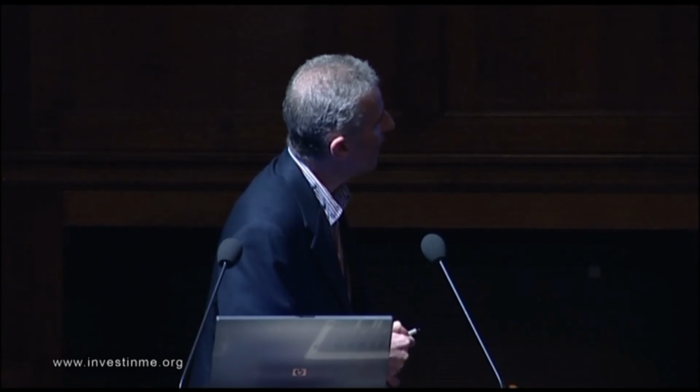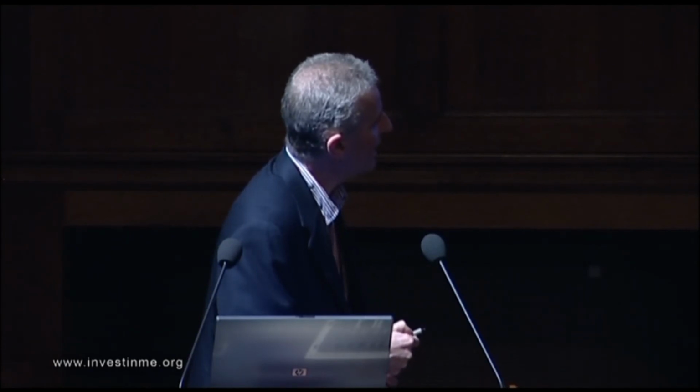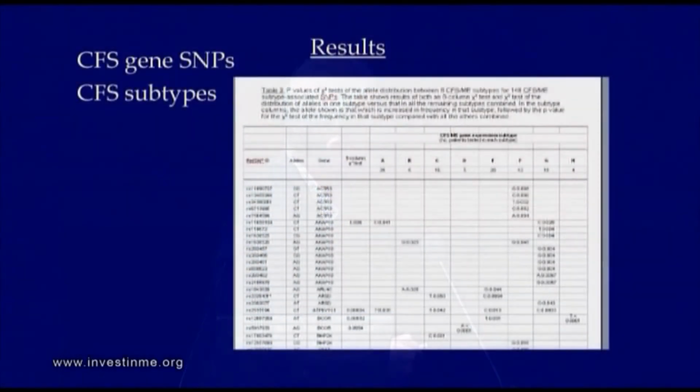So these are 5 different SNPs within the ACTR3 gene, and we can see that subtype F has a different distribution than what would be predicted by chance. Subtype G has a different distribution of these ACAP10 SNPs, etc. And this clustering of SNPs within these genes occurred right down the table.